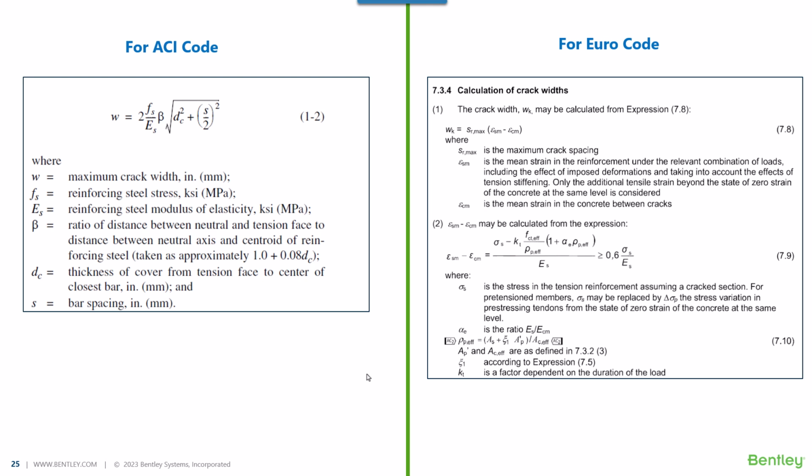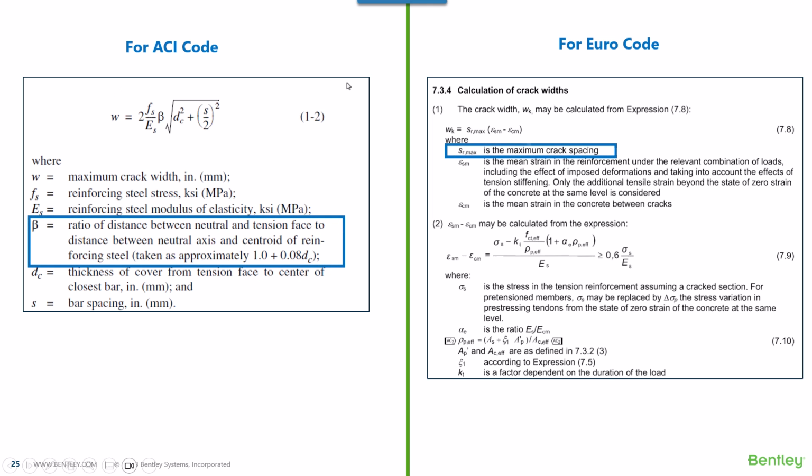Now for ACI code and Eurocode, this check is not applicable, since if we see these formulations over here, the values of P1 and P2, which are the crack width that we need to calculate at corner and bottom, will remain the same, as the strain at the bottom edge and beta remain the same. Beta is the factor over here for the ACI code, or let's say SR max is the factor in the Eurocode.